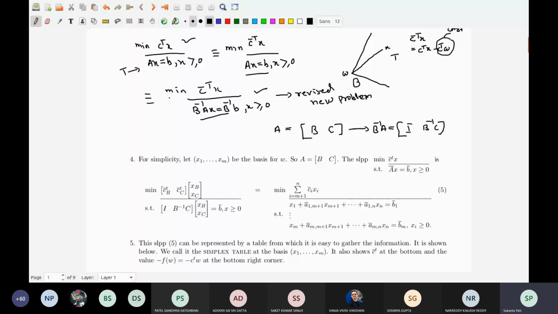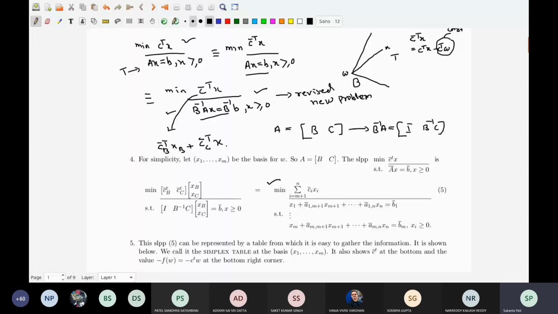Why have I written so? Now look, C transpose X is actually CB transpose XB plus CC transpose with a bar, XC.